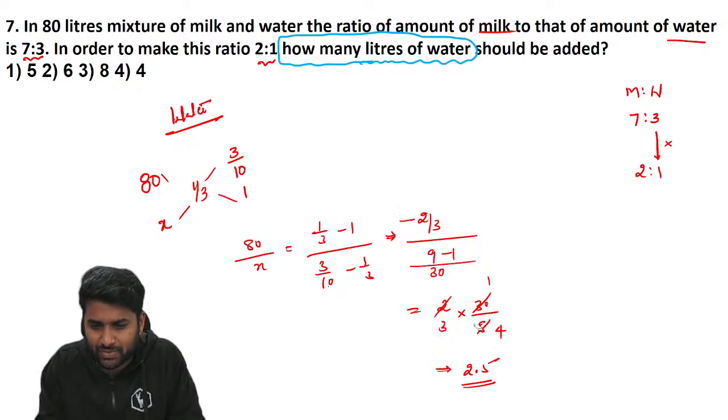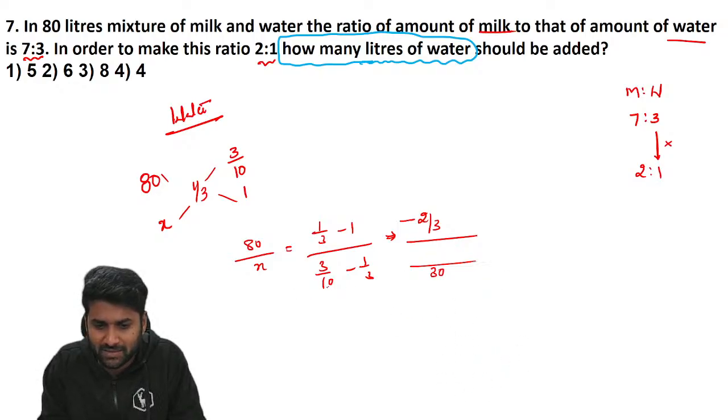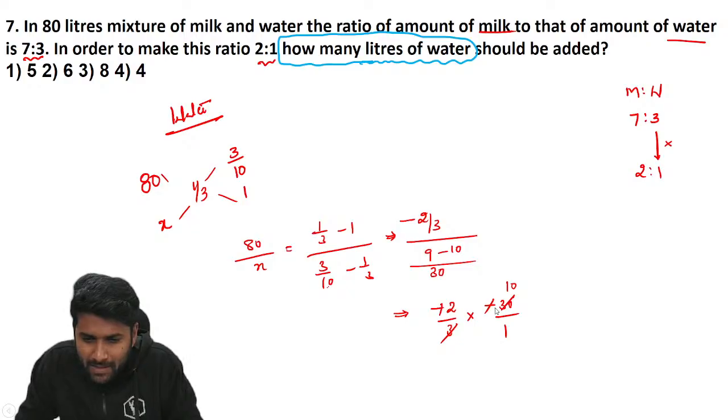This is minus 2 by 3. And the other part here is exactly 9 minus 10. So minus 2 by 3 is multiplied with minus 30 by 1. Minus, minus, plus, 3 exactly 10 times. 30 by 1, 3, 10.